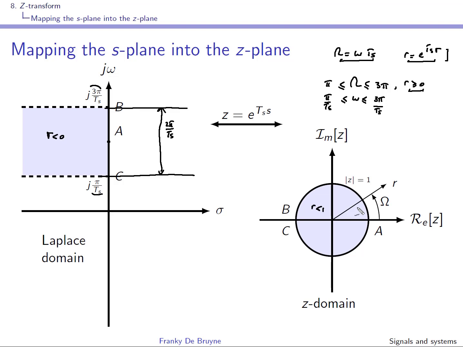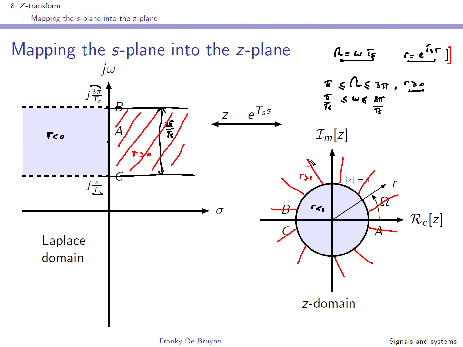We can again have a look at what's happening when sigma is larger than 0. Obviously we'll have r larger than 1, so this half strip to the right of the j omega axis will be mapped to the region outside the unit circle.